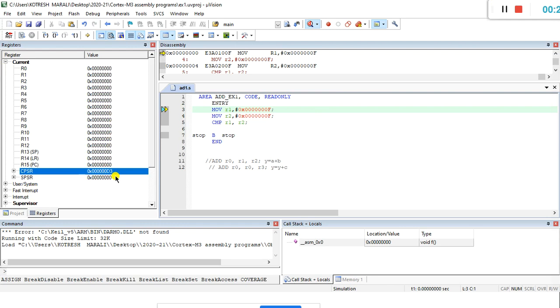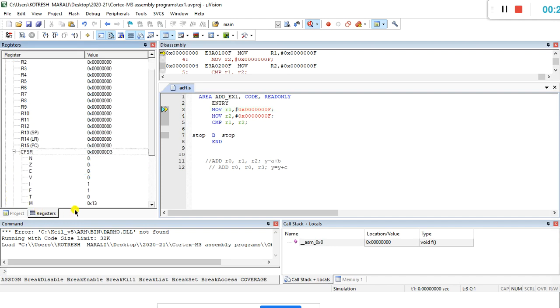Later on, using all these instructions, we will try to develop a few programs for some mathematical expressions, maybe a quadratic equation, or y is equal to mx plus c kind of thing, and then we'll see how a program has to be written.